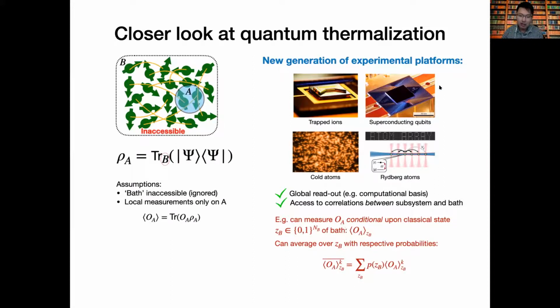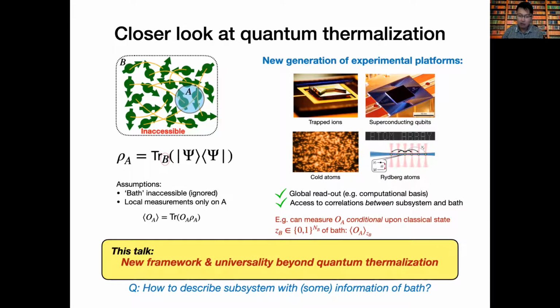My point is that in these experiments, you can measure such quantities, which go beyond the formalism of the reduced density matrix. So the question we can pose here is, how then do we describe subsystems with some information of the bath? This is the point of this talk: to introduce this new framework and also to describe some new universal behavior in this framework that goes beyond quantum thermalization.